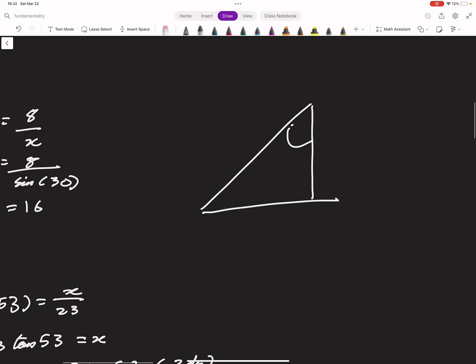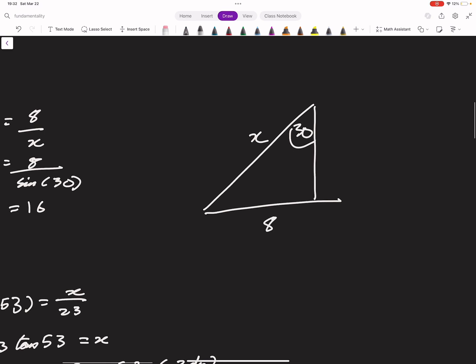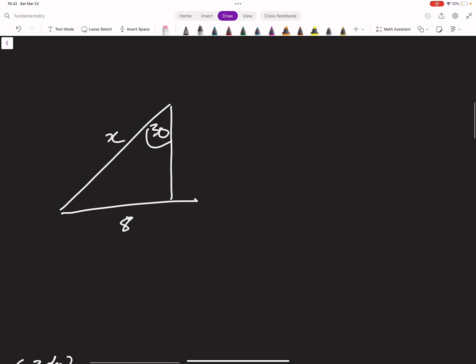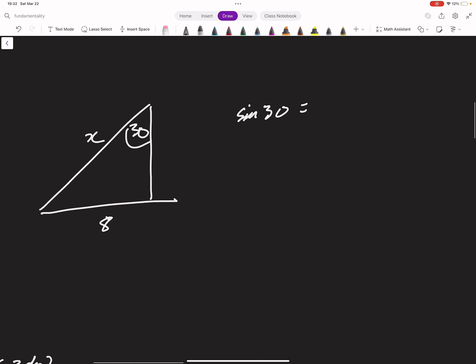So this is 30, this is x, and this is 8. So this could come up on a non-calculator is what I'm trying to say. Sine 30 equals opposite over hypotenuse, 8 over x.